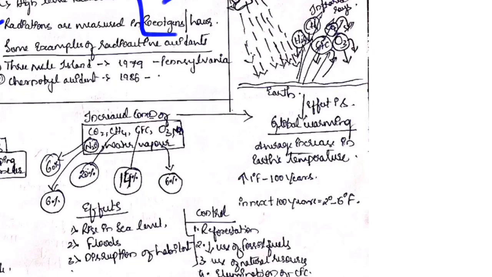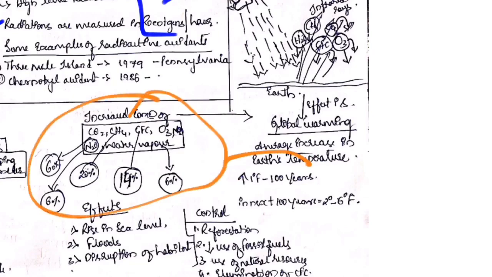Why are these greenhouse gases increasing? Due to anthropogenic activities like burning of fossil fuels, usage of ACs and all. Due to the increased concentration of greenhouse gases, the greenhouse effect is taking an adverse turn known as global warming.